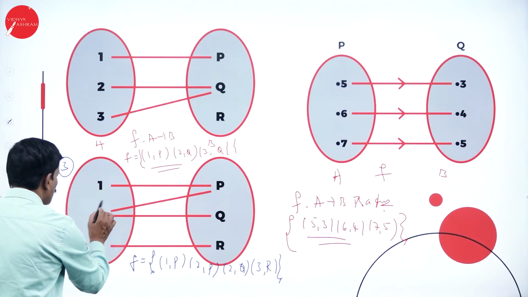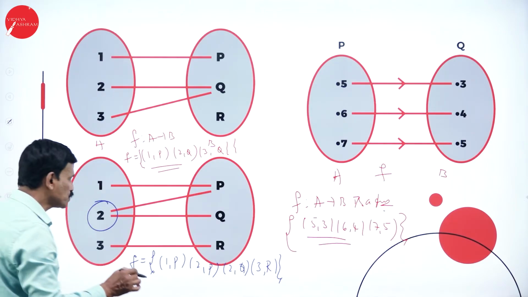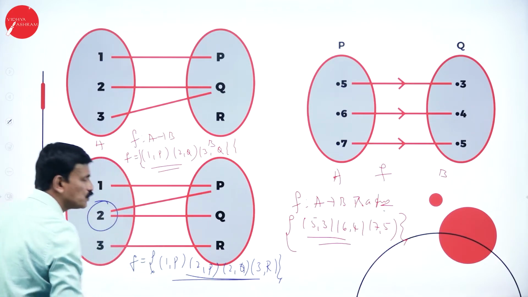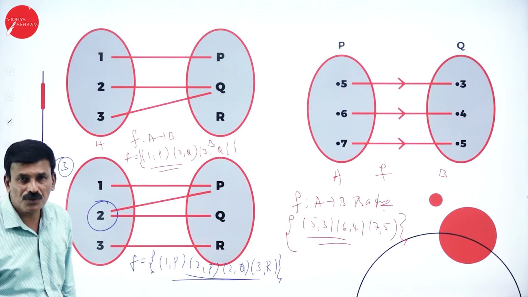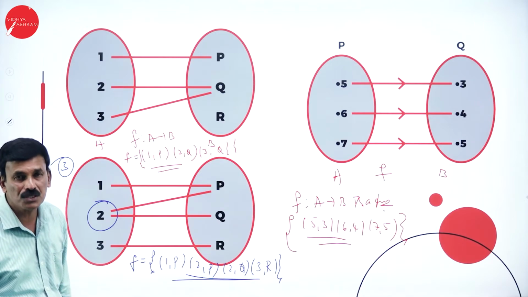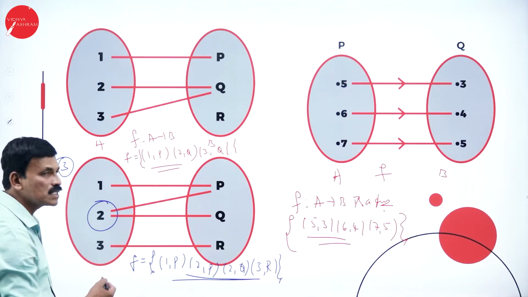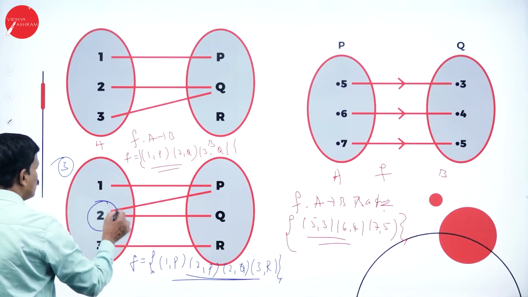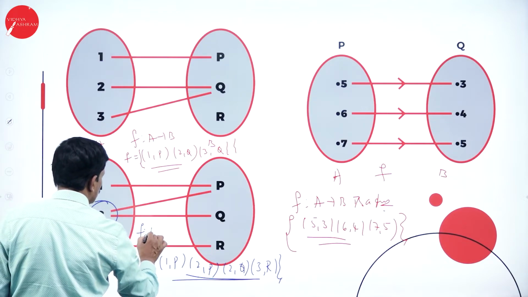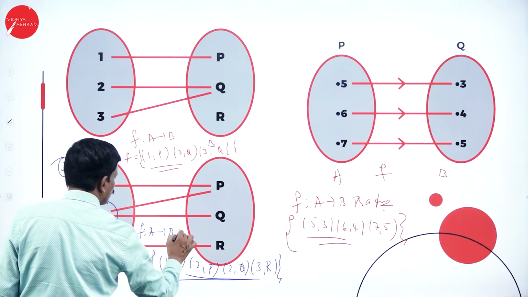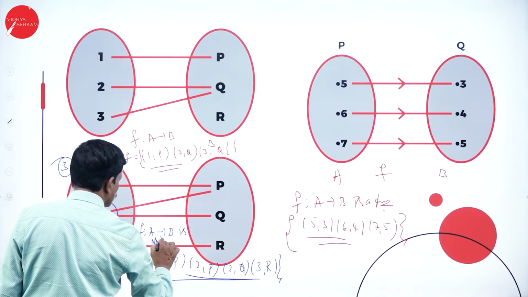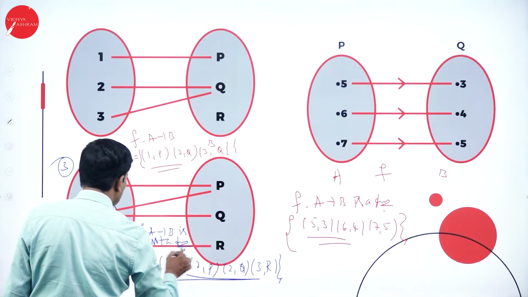The element 2 of the set A has been used two times, (2, P) and (2, Q). So, this is not a unique association, hence this is not a function.